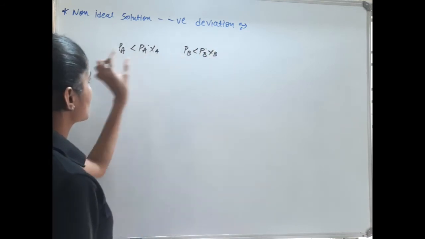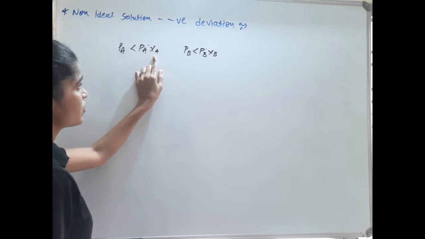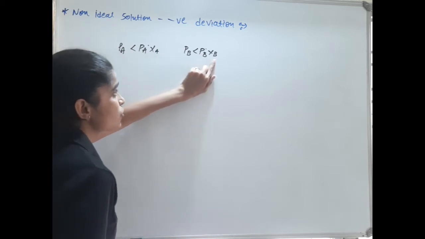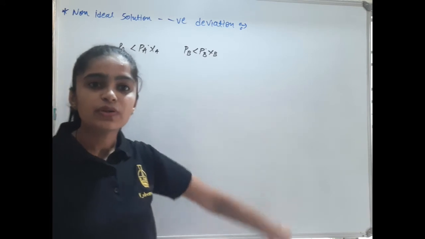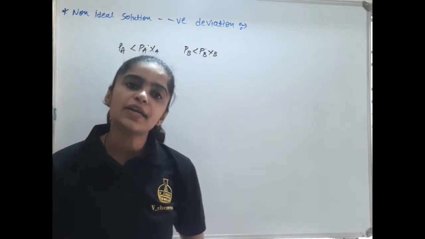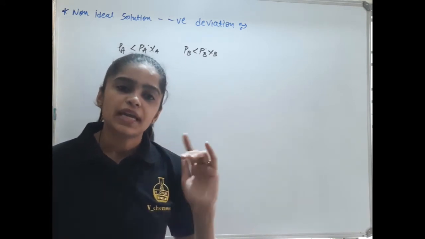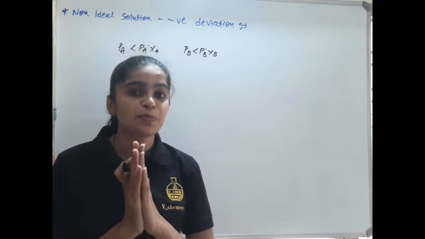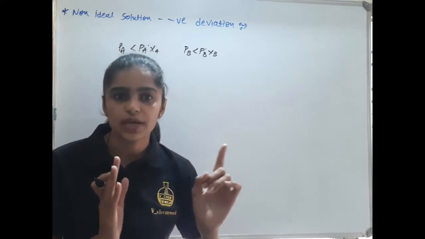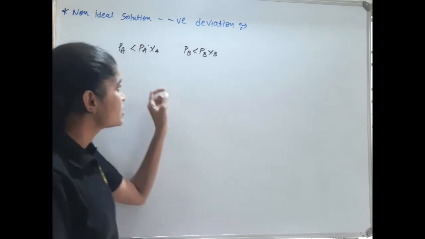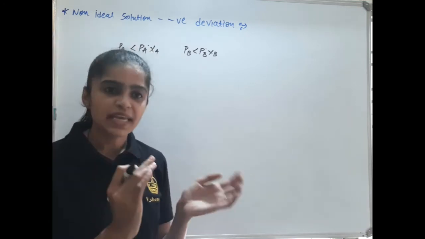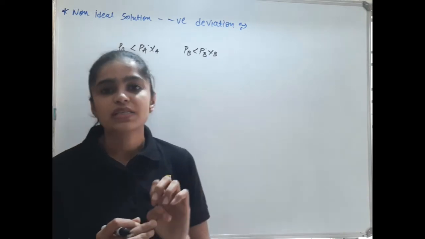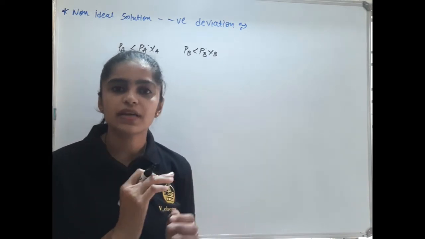Why does this occur? Because we know that in Raoult's law, the intermolecular interaction between components A and B is the same, so that gives PA equal to PA0 into XA. But in this case, the vapor pressure is less than the expected Raoult's law value.